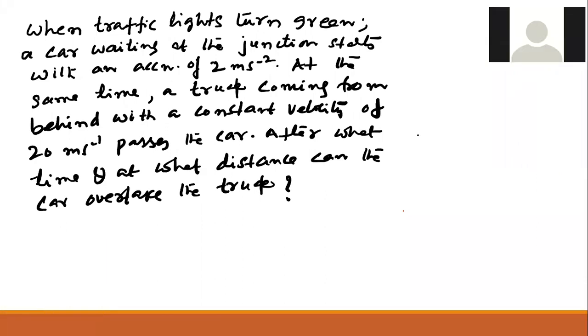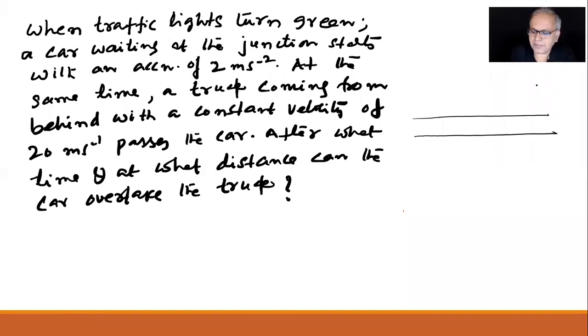Sir, we can draw a road like this. At one end, traffic lights. Here we have got traffic lights. And at the other end, a car. One car is waiting here. That means it's going to start from rest.